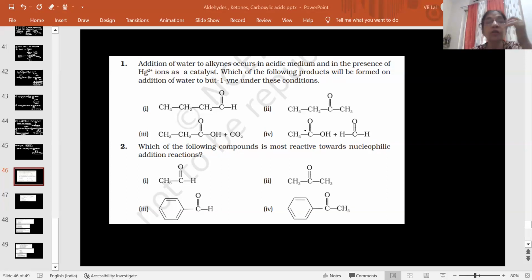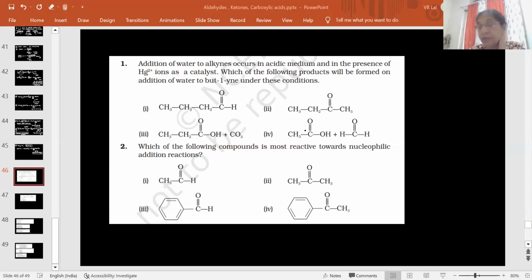Addition of water to alkynes occurs in acidic medium and in presence of Hg2+ ions as catalyst. In the last class, we did this reaction where we prepare aldehydes and ketones from alkynes. Which of the following products will be formed on addition of water to 1-butyne?